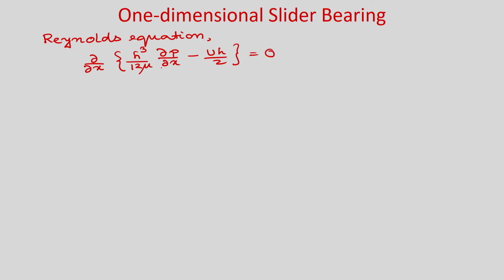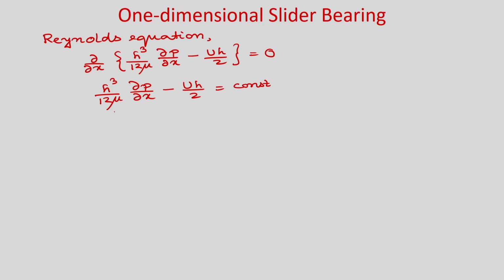If you integrate this, then you will get h cube by 12 mu del p by del x minus u h by 2 is equal to some constant.